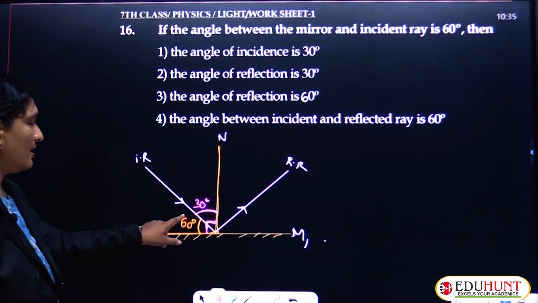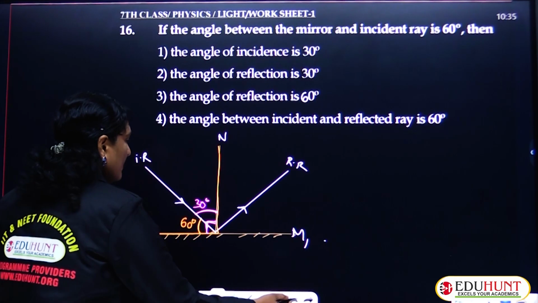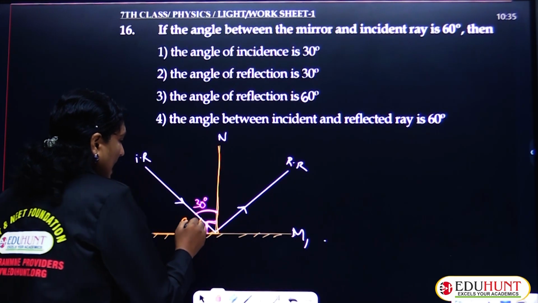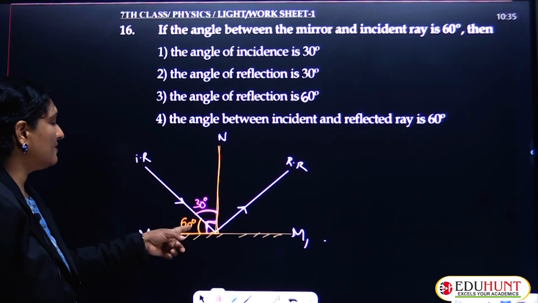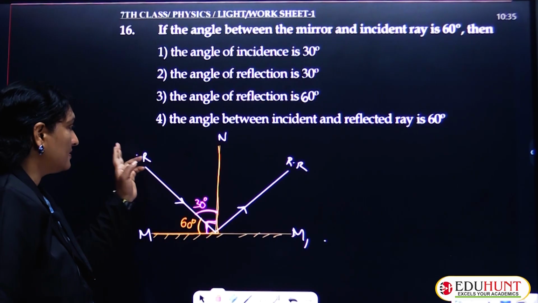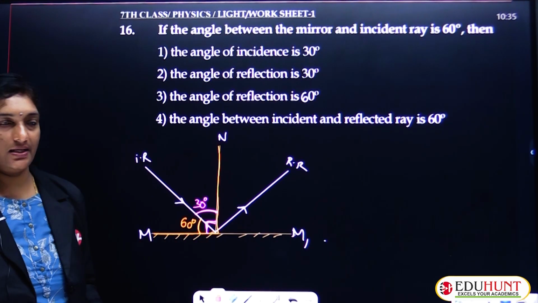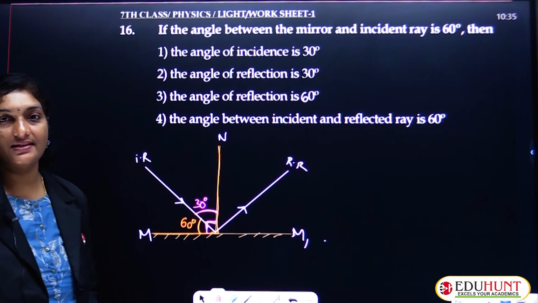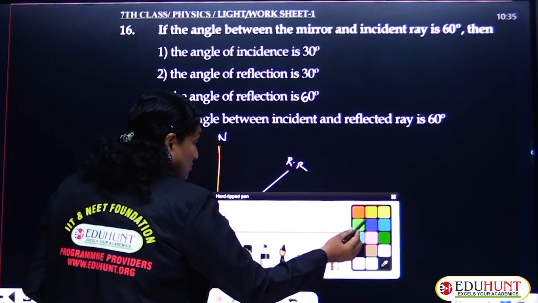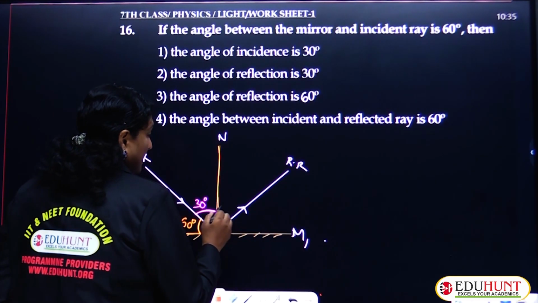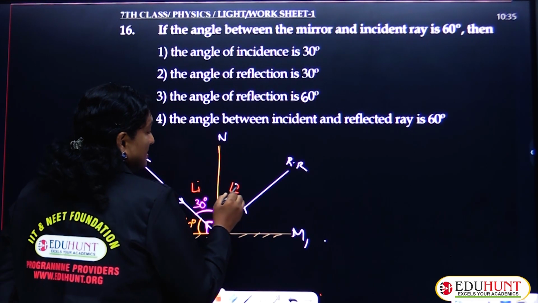So, if they have given us that the angle between the mirror and the incident ray is 60 degrees, then the angle between the incident ray and normal will be 30 degrees. That means the angle of incidence is 30 degrees. If the angle of incidence is 30 degrees, then as we know, angle i must be equal to angle r.